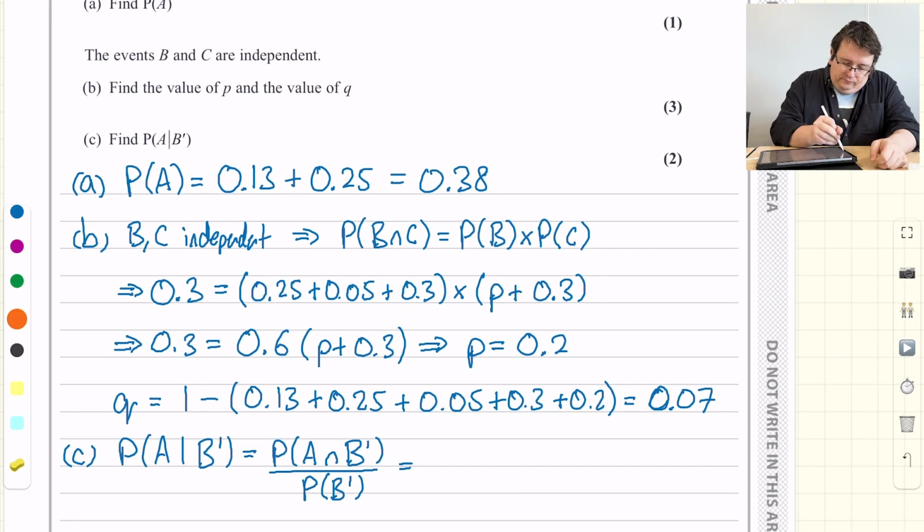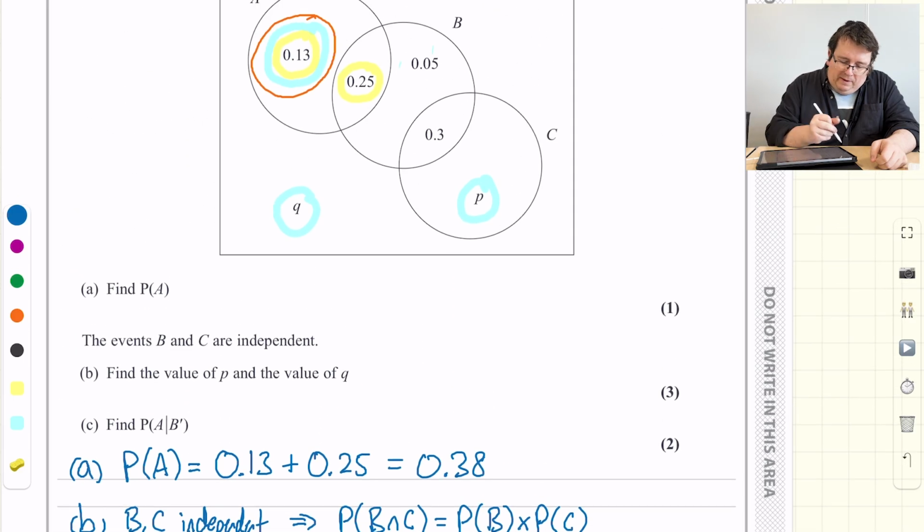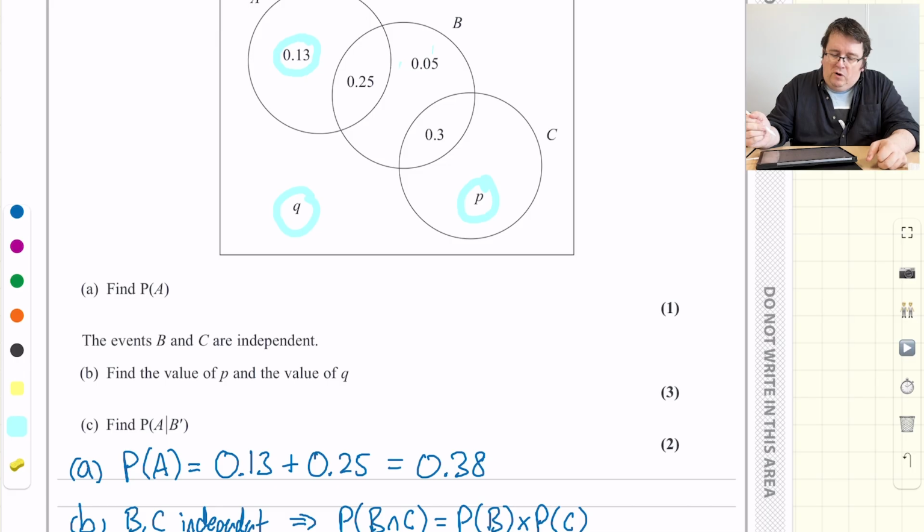So that's 0.13. And the probability of not B is those three probabilities added together.